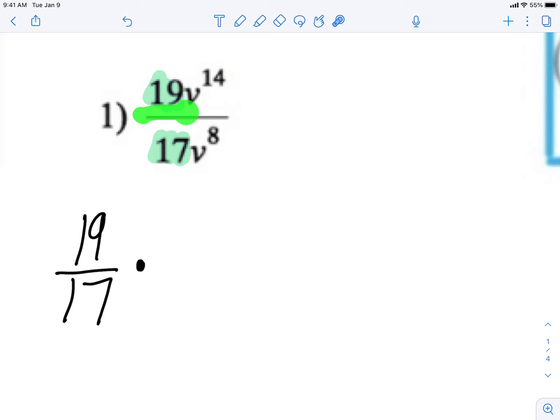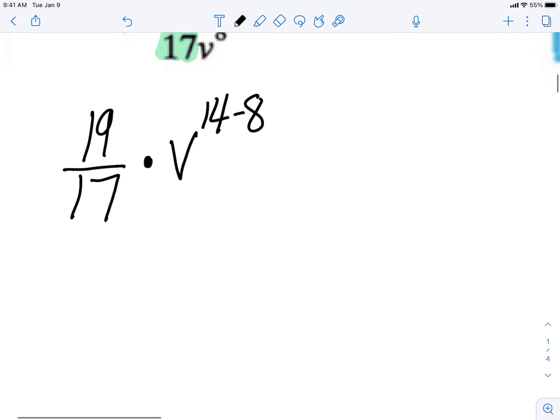So since I'm dividing, I know I have to subtract 14 minus 8. So I'm going to say v to the 14 minus 8. Look at that. Okay. So 19 and 17, there's nothing I can do to divide them. This is 19 over 17. There's nothing I can do to reduce them. So it just stays 19 over 17, like that.